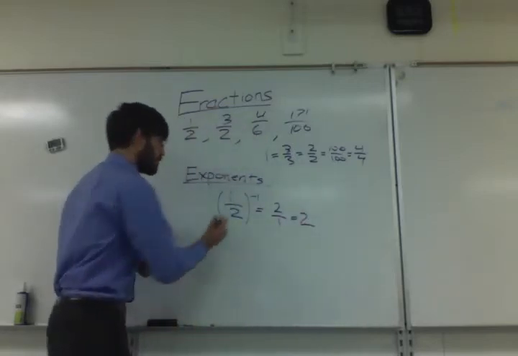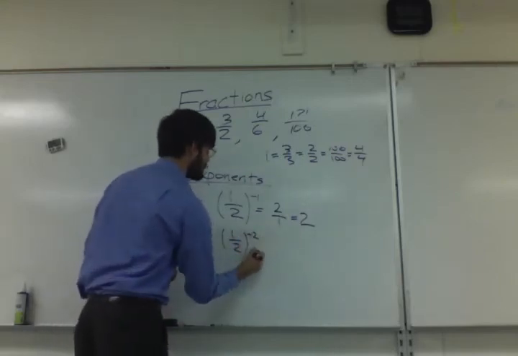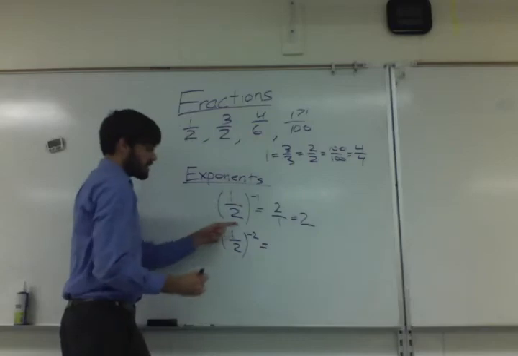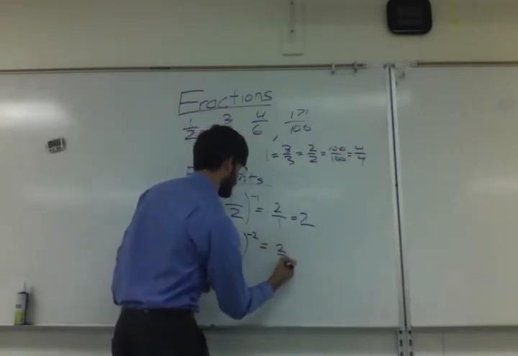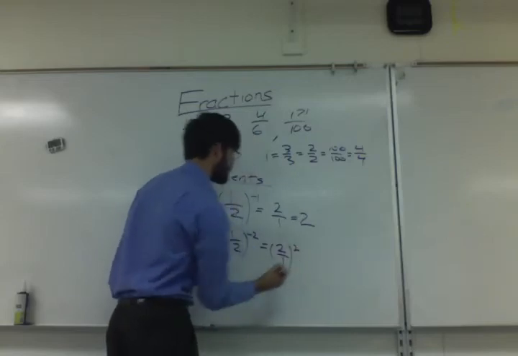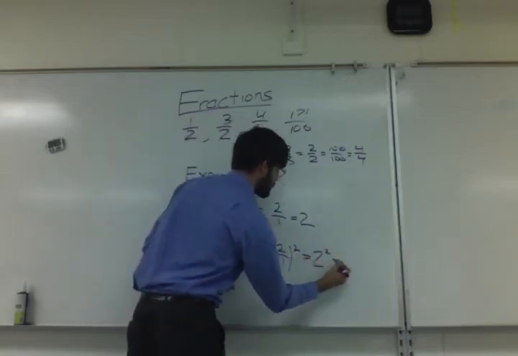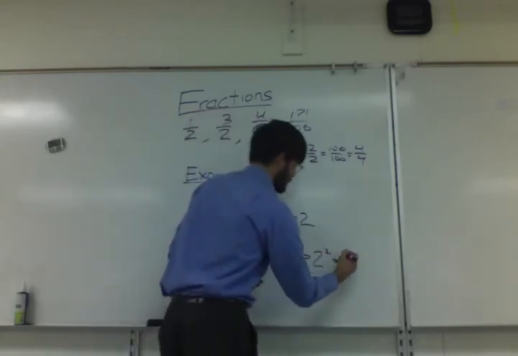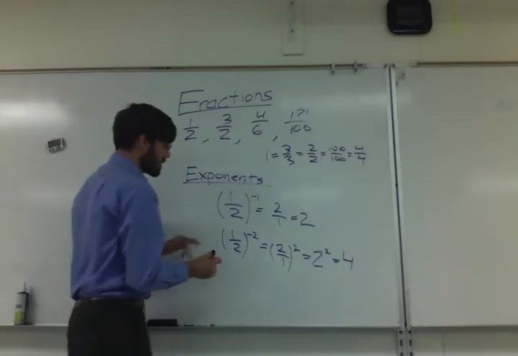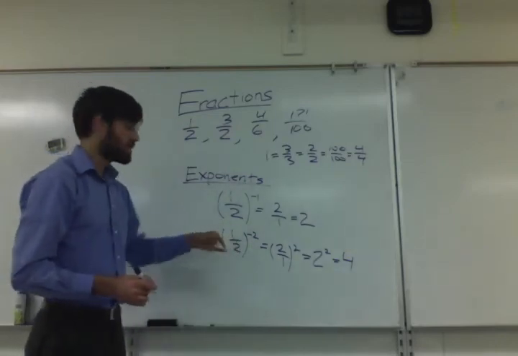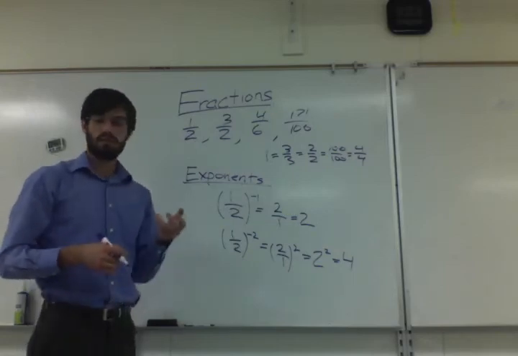Okay? Now, 1/2 to the negative 2, let's get rid of the negative sign first. So that'll be equal to 2 over 1 squared, which is really just equal to 2 squared. And 2 squared is 4. And it's going to continue following this pattern because when we raise 1/2 to the negative 1 power, that just turns it into a 2.